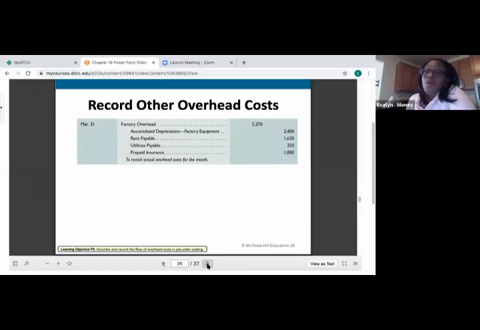Because in the real world, I'm going to easily be able to tell what my credits are. But sometimes in the classroom, it's not clear. So instead of listing all of those accounts and making up numbers, I use the generic term various accounts. So if you see my handout for actual overhead costs, yes, we debit factory overhead, but we credit various accounts.